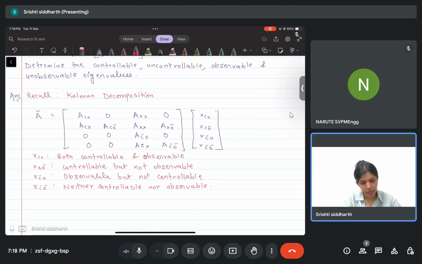Have the same subscript in eigenvalues of this matrix A bar.